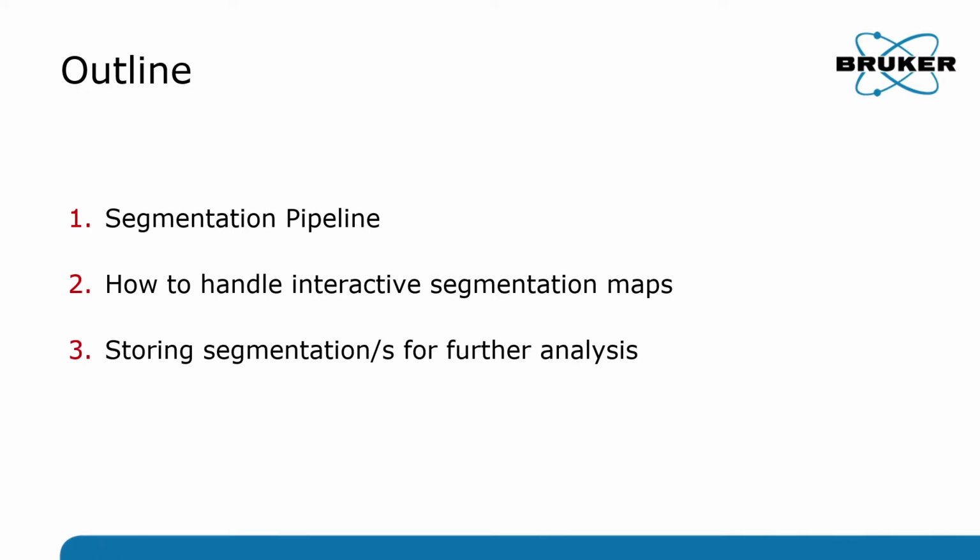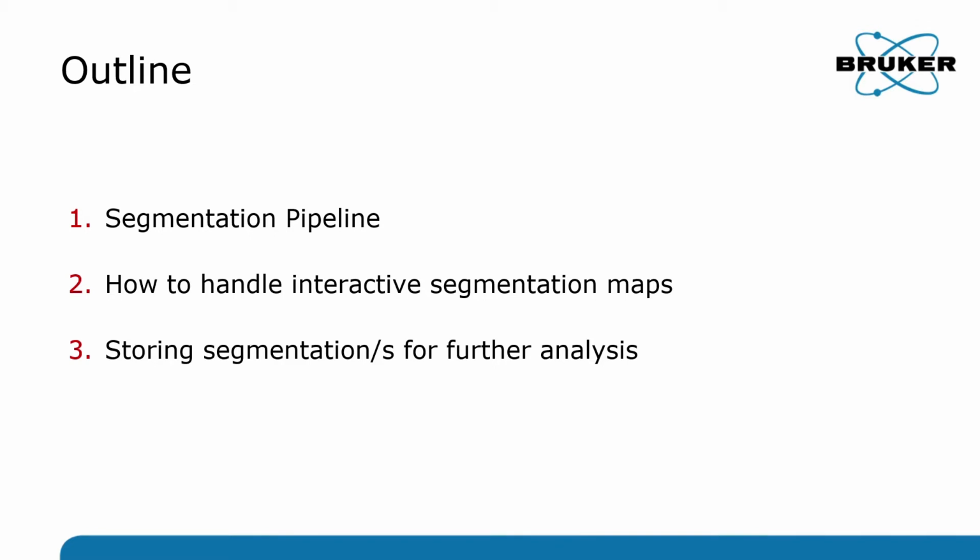Today I'll start by covering the segmentation pipeline. The segmentation pipeline is only used with axial top data. If you do have other data types, you can use the segmentation tool instead of the pipeline, and this tool can be found under the Tools menu.